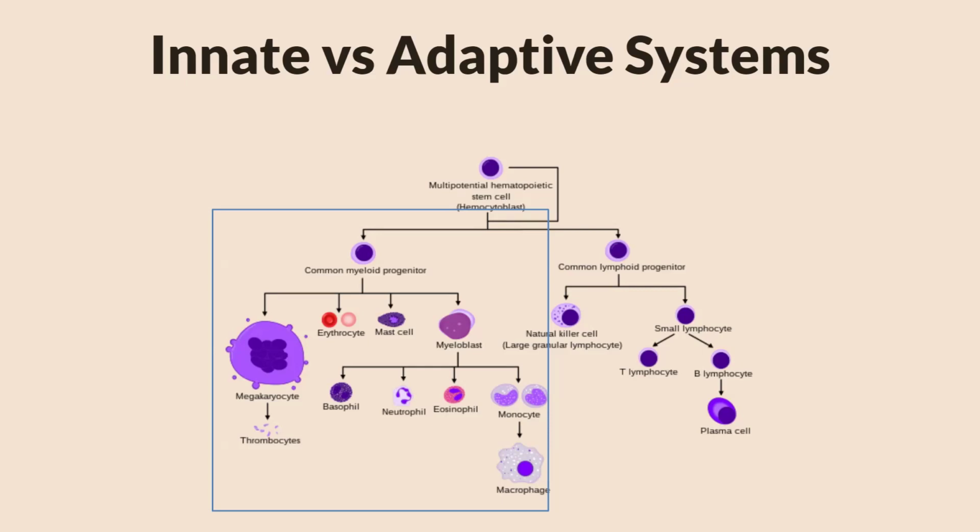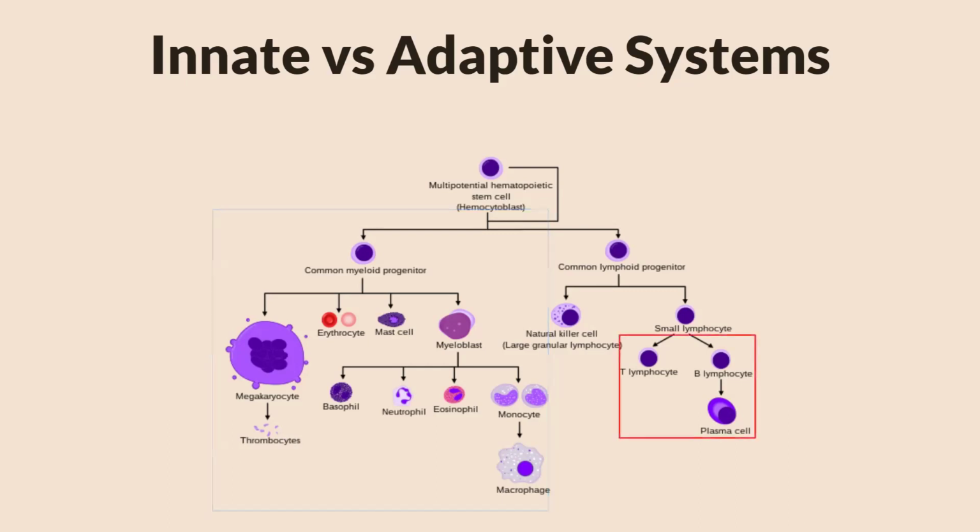Then you also have your monocytes, which differentiate into macrophages. For our adaptive immune system, we have both lymphocyte types and also plasma cells, which differentiate from your B lymphocytes.